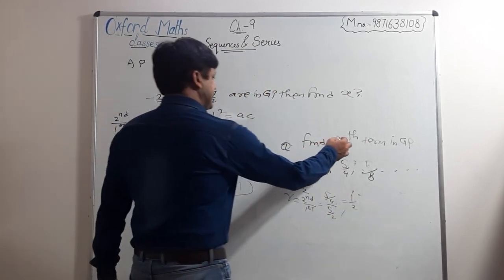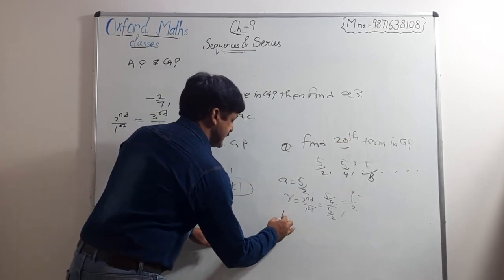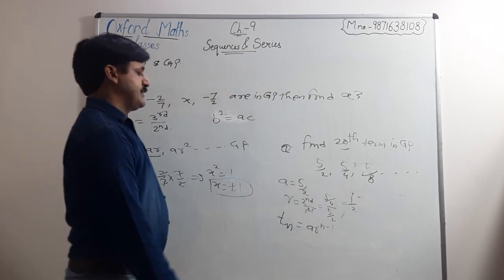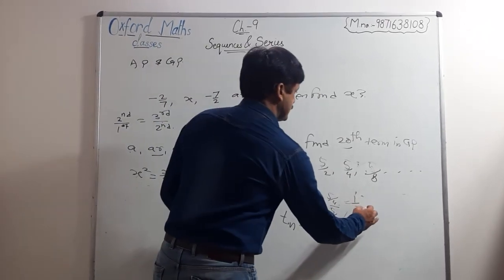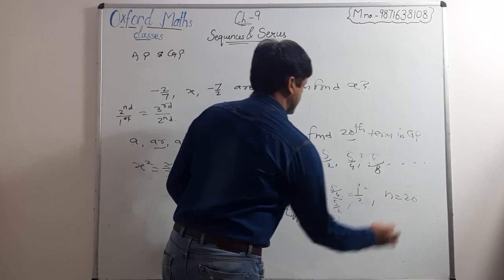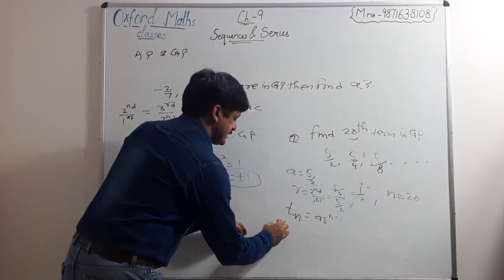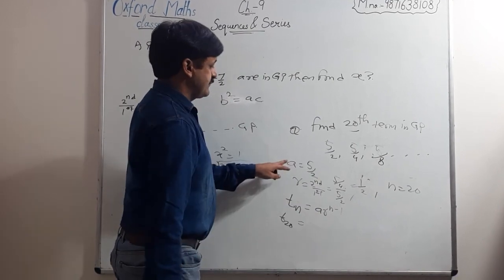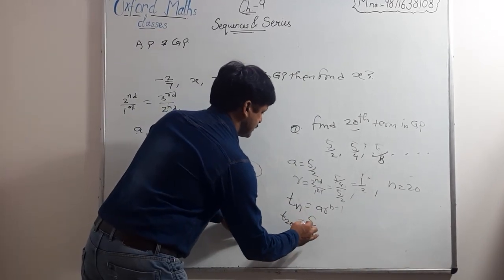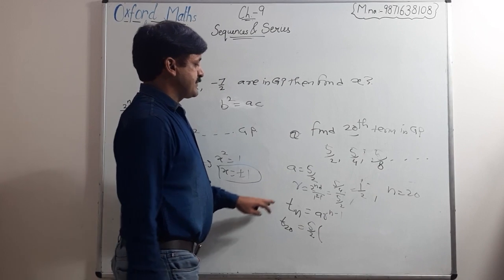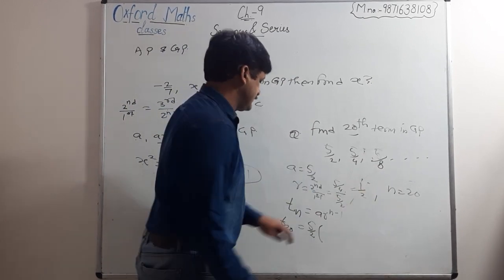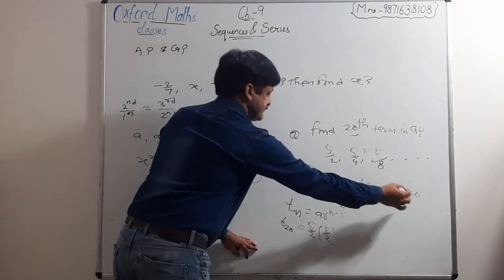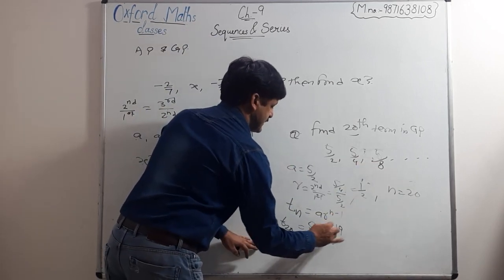Find the 20th term. tn is equal to ar to the power n minus 1. Here n is equal to 20. So T20 is equal to a, which means 5 by 2, r means 1 by 2, whole power n minus 1, that is 20 minus 1, that is 19.